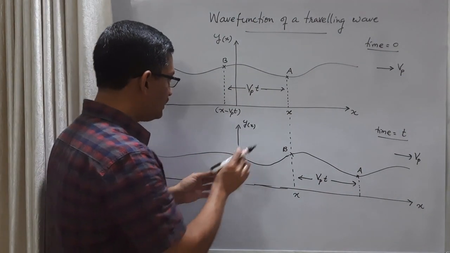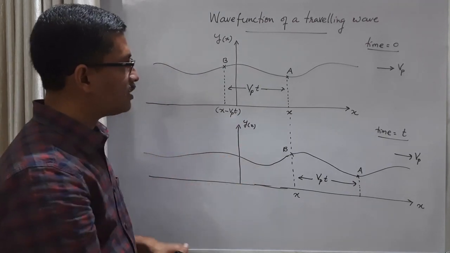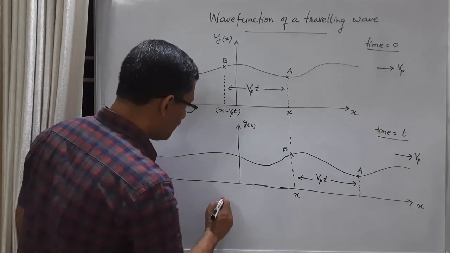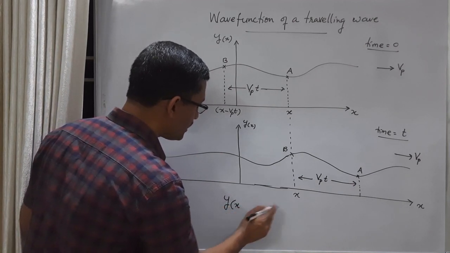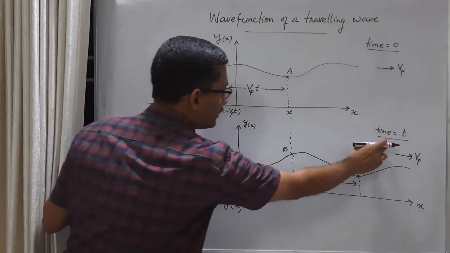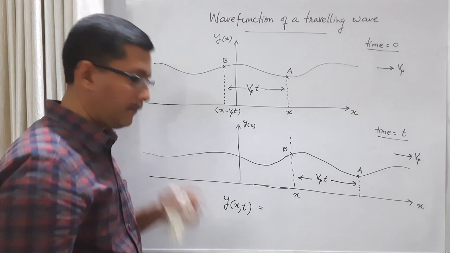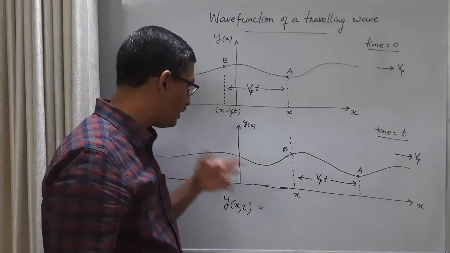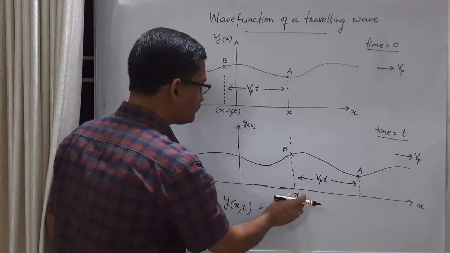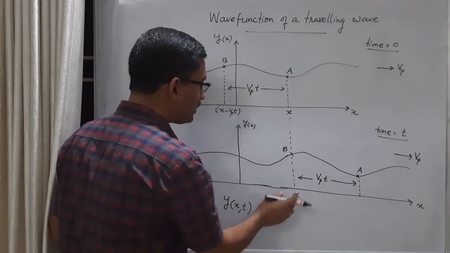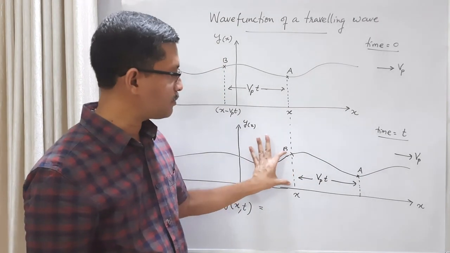So I can make a connection between these two figures. I can say that the amplitude of the wave at the position x at the time t is equal to, what is the amplitude of the wave at the position x at the time t? Point B, this much.